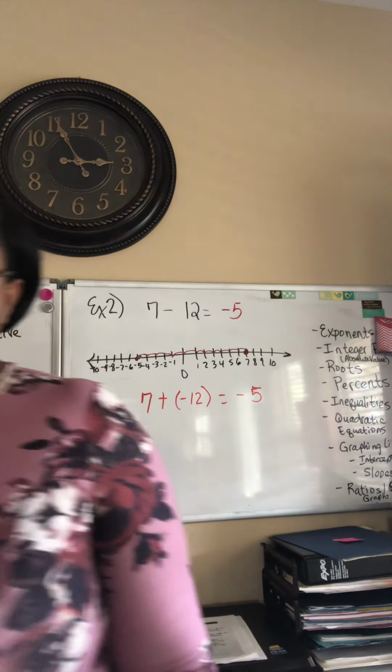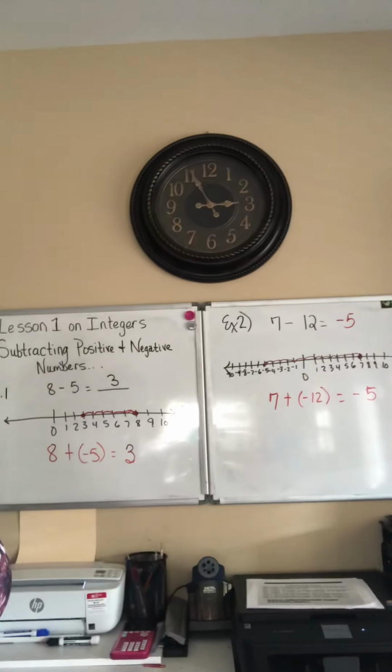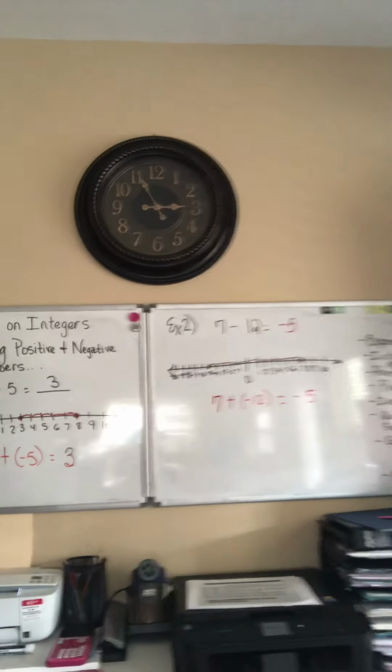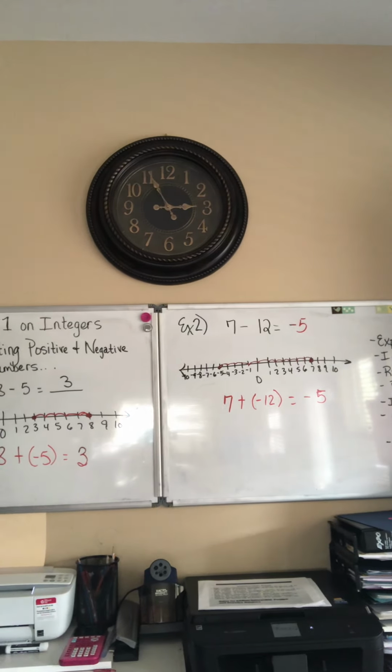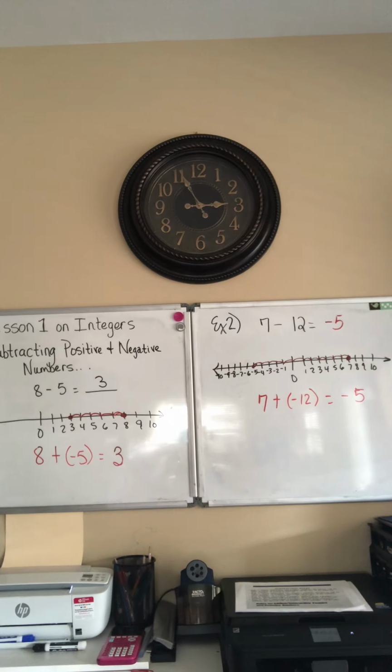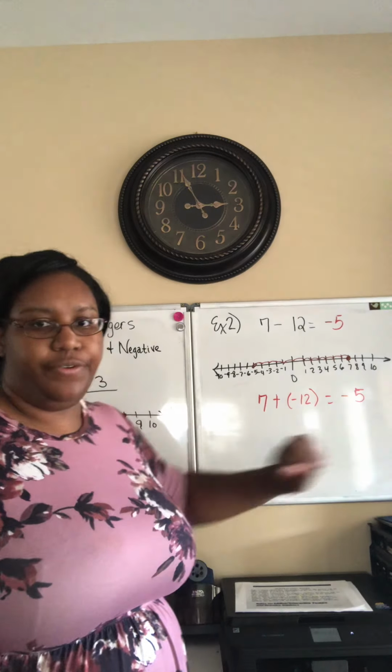Yes, ma'am. Okay, so what I want to point out to you is that if you notice from the beginning problem, let's see if I can get both problems in the screen. Let's see, I have to make a slight adjustment here. Okay, there we go. All right, so if you notice that the first time we worked this, we ended up with a positive answer. And the next time we worked it, we ended up with a negative answer.